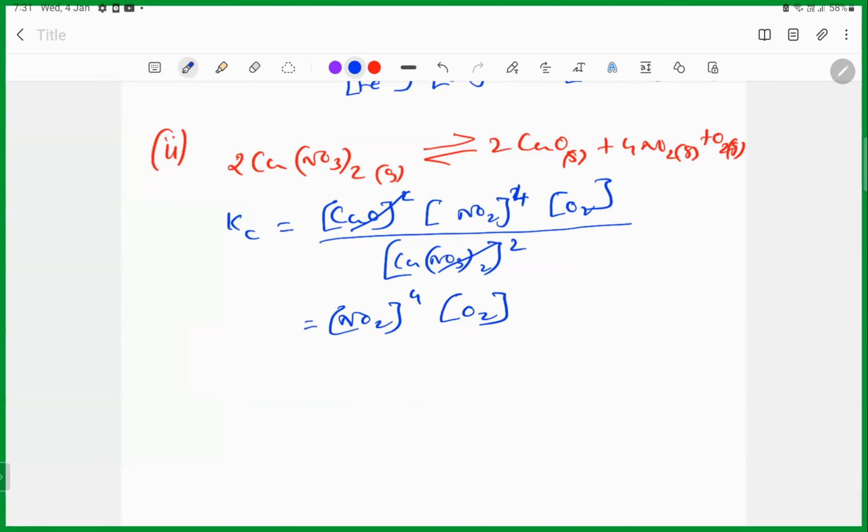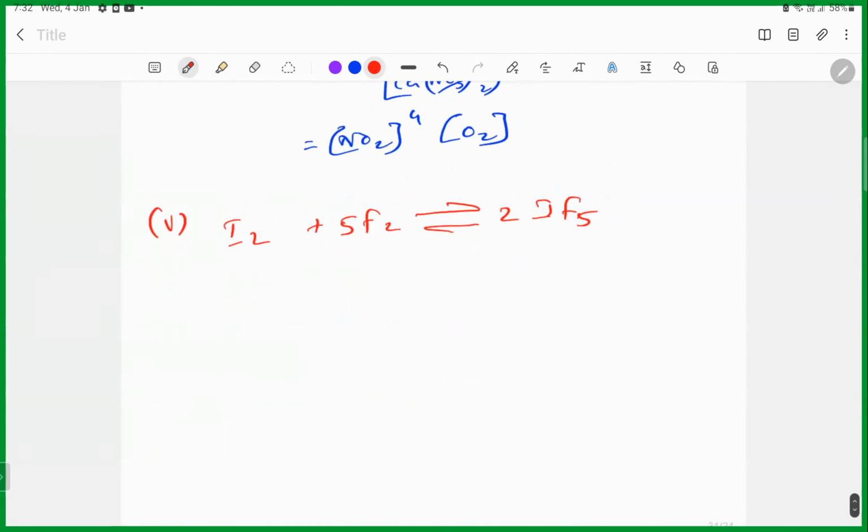Okay. So you tell me the last one, the fifth one. I2 plus 5F2 gives 2IF5. I am not mentioning any solid, liquid, gas, so you have to take all those things. One thing I am reporting, this is a solid. The remaining I am not mentioning. Then how will you write the Kc value?